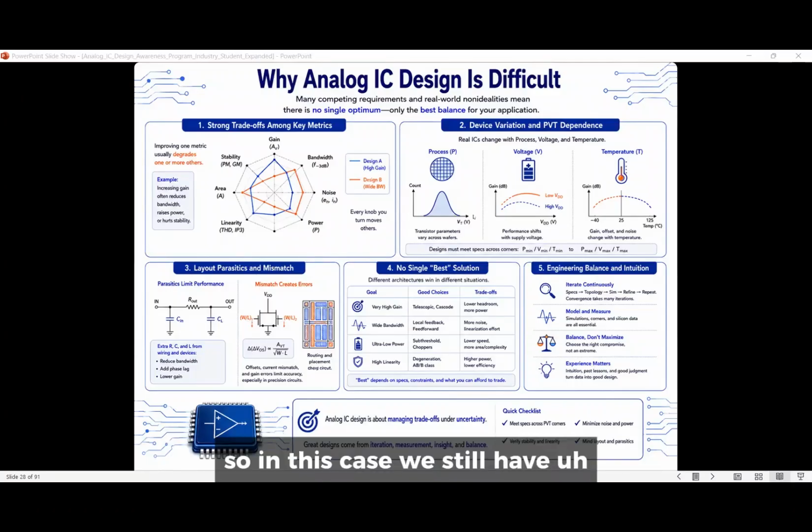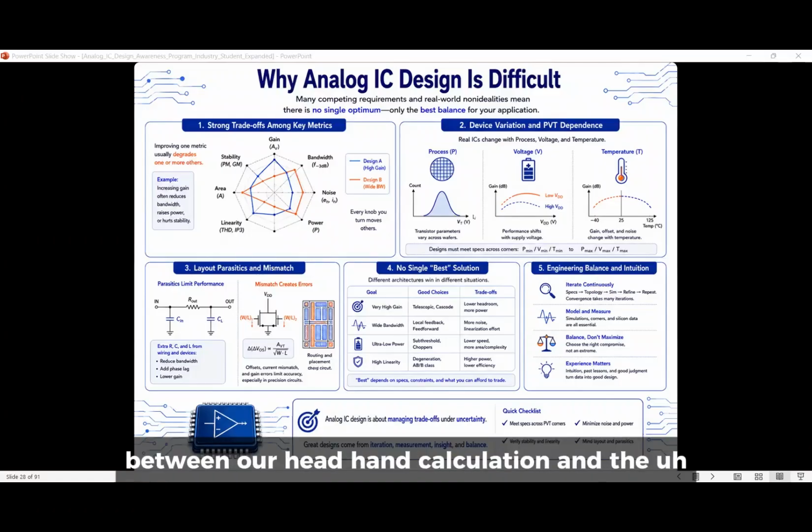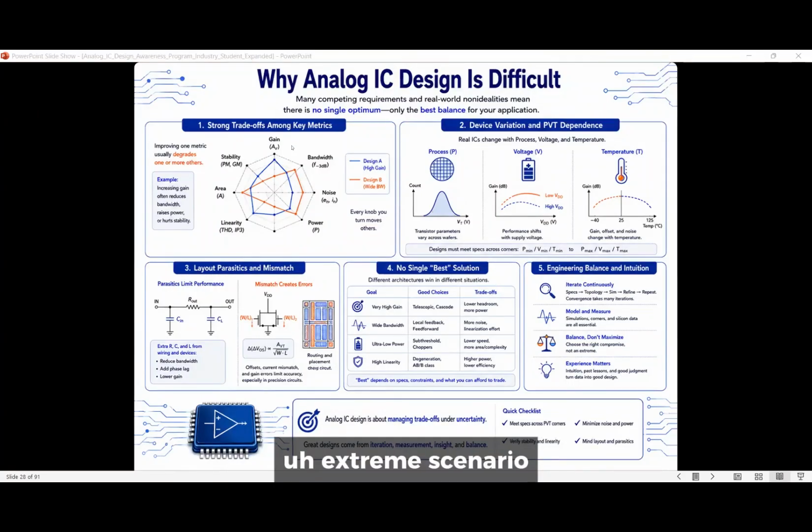So in this case, we still have to do more interactive design between our hand calculation and the simulation to check that under the extreme scenario, your circuit is still robust enough to cover all the aspects, all the specifications here.